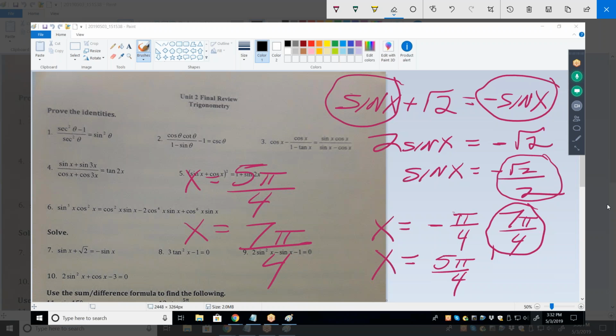In other words, that's your third quadrant answer, and that's your fourth quadrant answer, which is the only two quadrants where sine is negative. However, they don't say that when they say solve it. They just say solve it. So it's not just 5 pi over 4, it's all coterminal angles of 5 pi over 4.